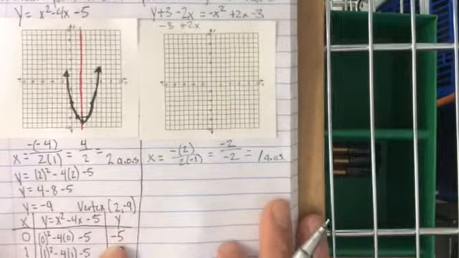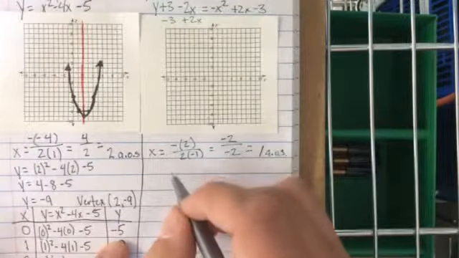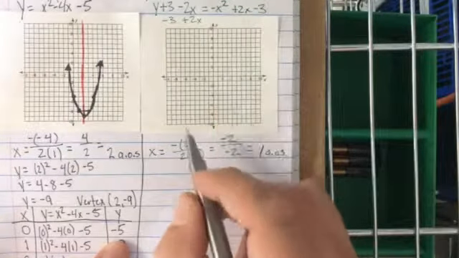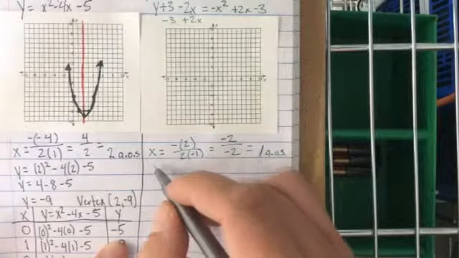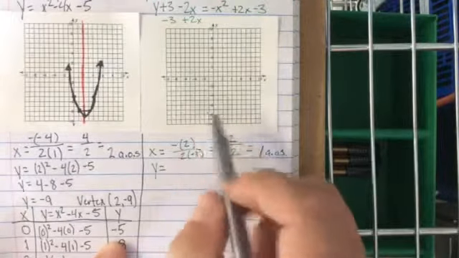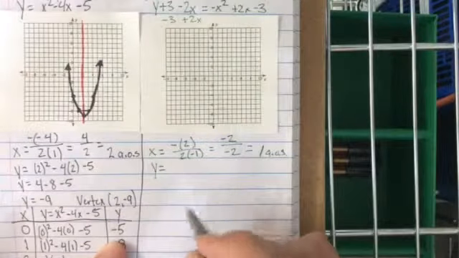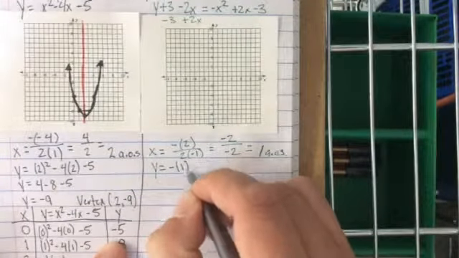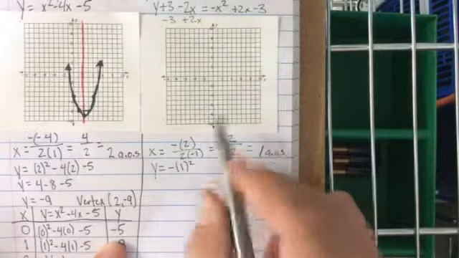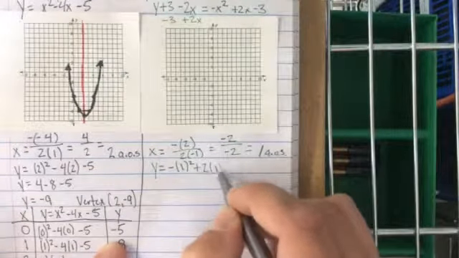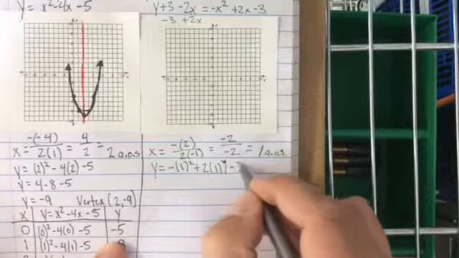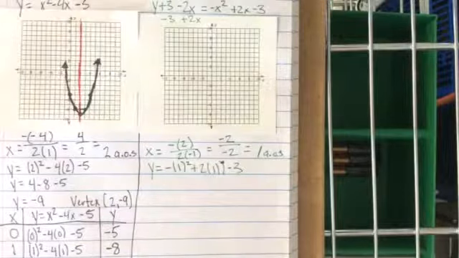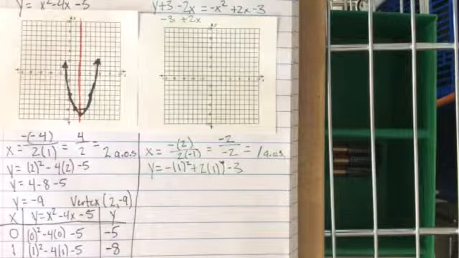So now we need to find the y value for our vertex. We take our original equation and we substitute 1 in for x. So we have the negative of 1 squared plus 2 times 1 minus 3. I think I put one too many parentheses.